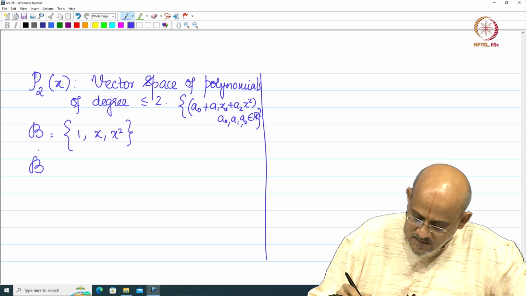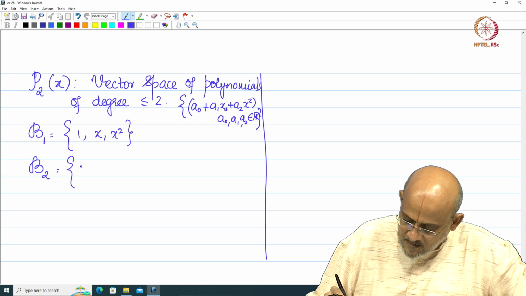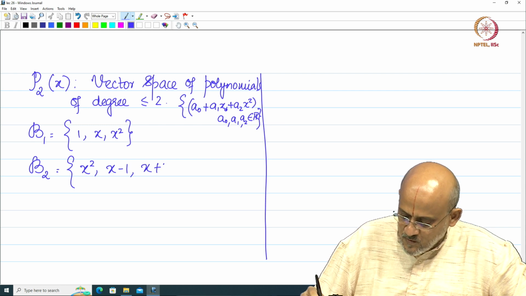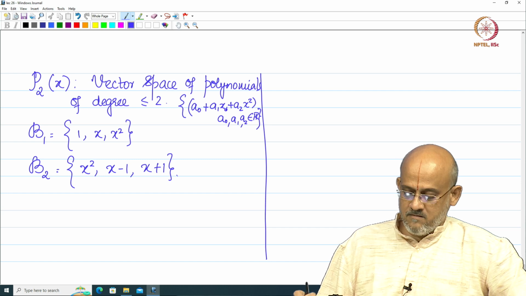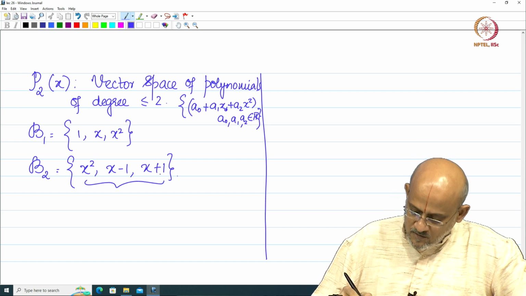Another basis for this, B1, is basically x squared, x minus 1, x plus 1. You can check that this is a linearly independent set. So what you do is take the coordinate vectors corresponding to this.